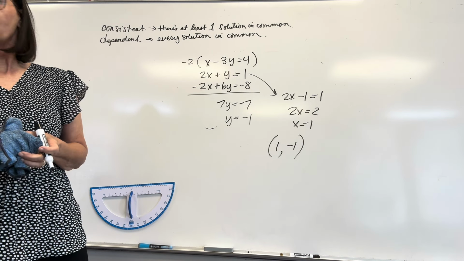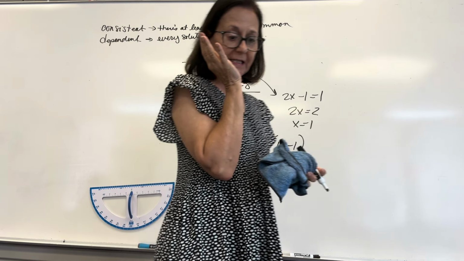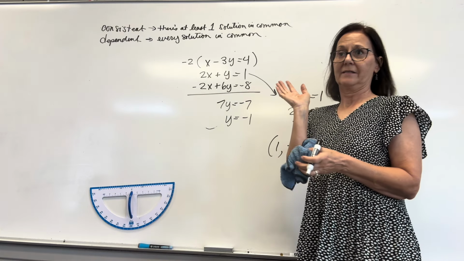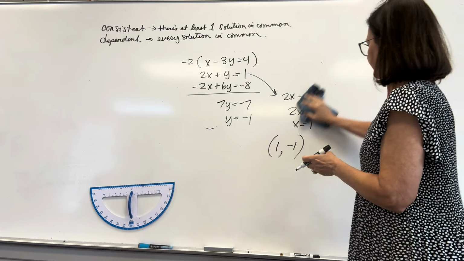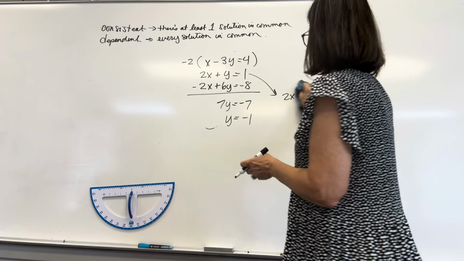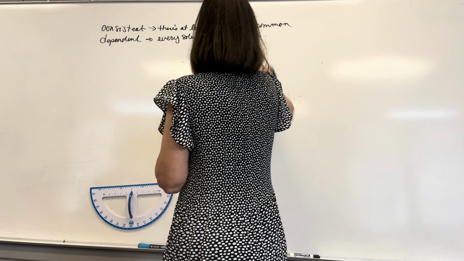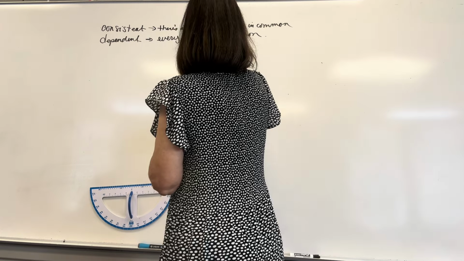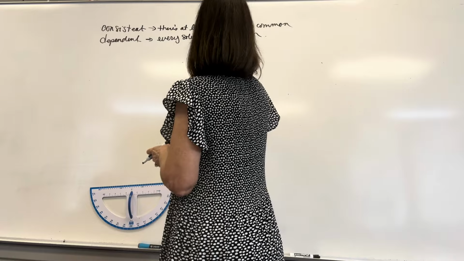All right, now we're going to talk about dependent and inconsistent. It's okay. We're going to work them. Wait, how could they have every solution in common, but not one solution?